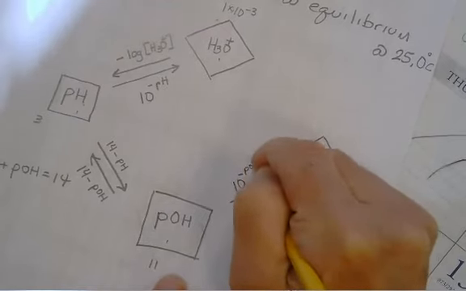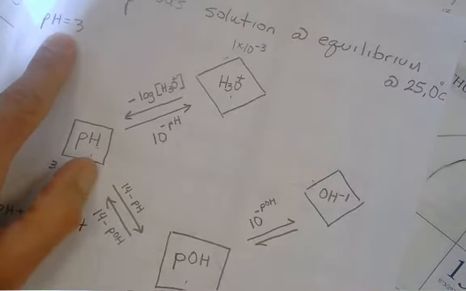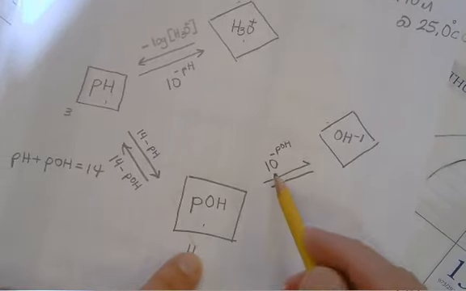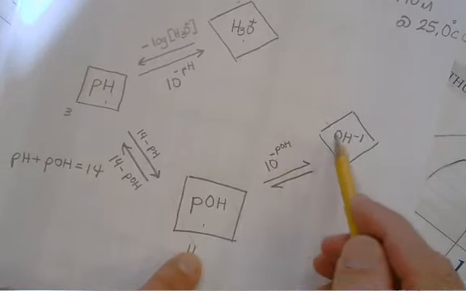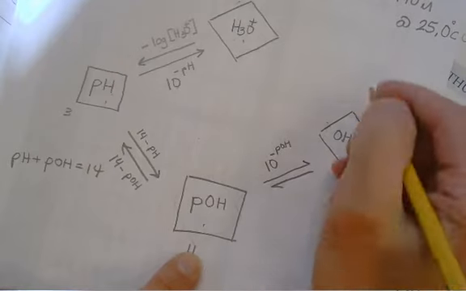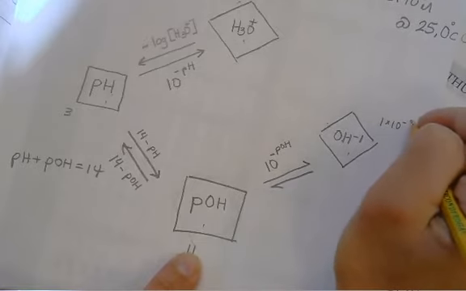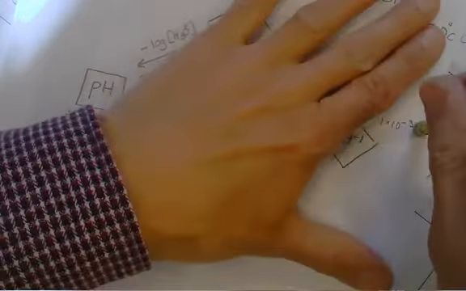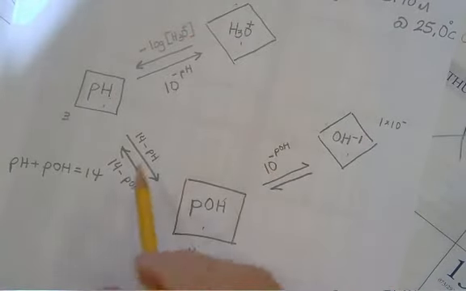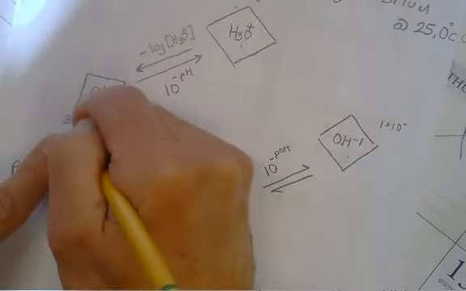Our example was a pH of 3, and now I know pOH is 11. So 10 to the minus 11th will be the hydroxide concentration. This is 1 times 10 to the minus 11. Again, you're only doing this in your head when these are nice and easy whole numbers like pH equal to 3.